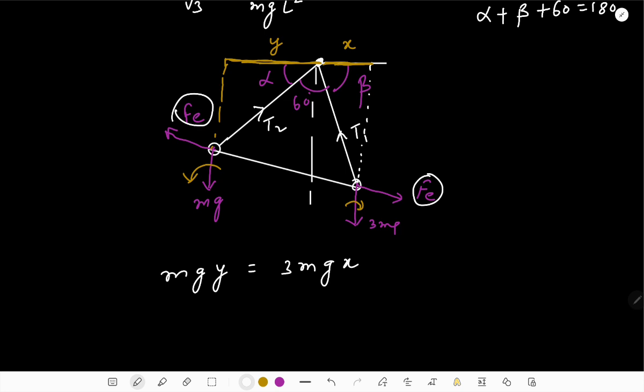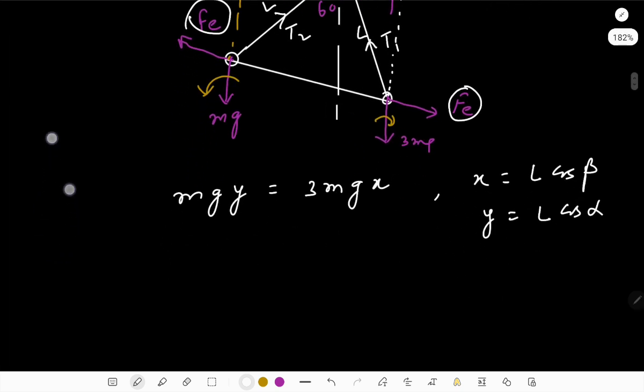That's true. And x here is the length, or L. So x is equal to L cos beta, and y is equal to L cos alpha.